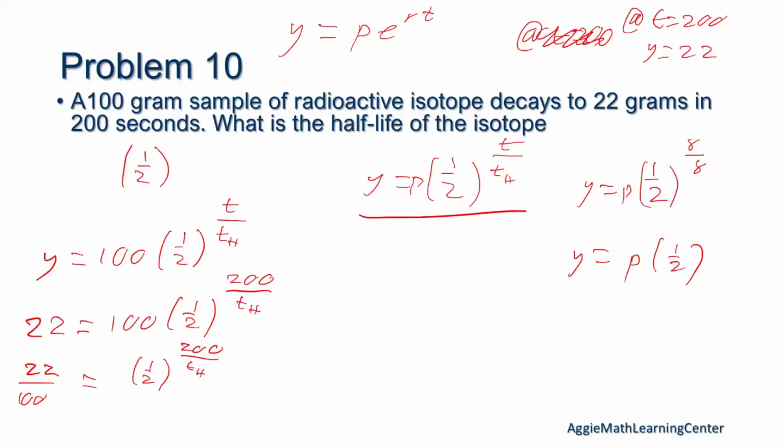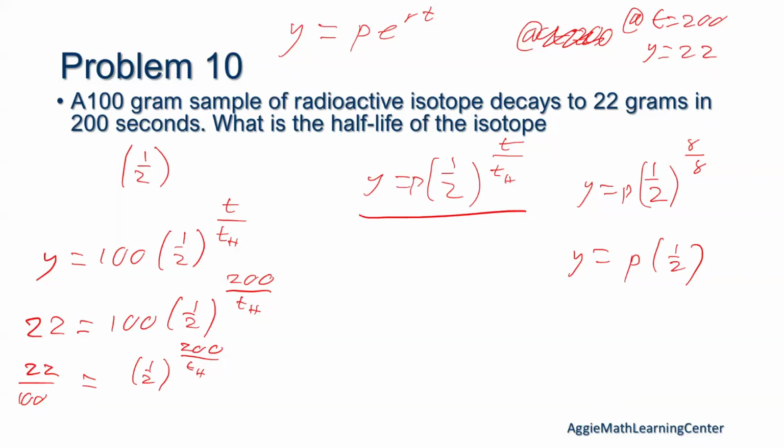Natural log of both sides. Yeah. Okay, now you can take the natural log of both sides because your calculator isn't going to be able to do a log base 1/2. It also can't even do a log base 2. So you'd have to do a natural log of both sides.